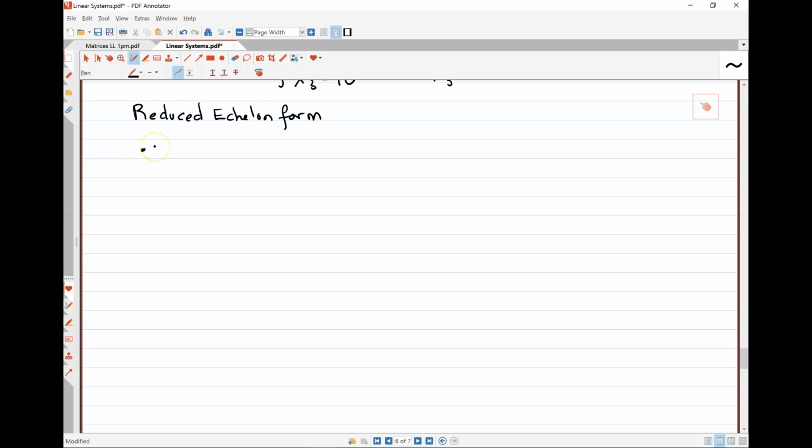In reduced echelon form, there are additional rules that the leading entries have to be 1s, and the column that contains a leading entry can't have any other numbers in it except for that 1.